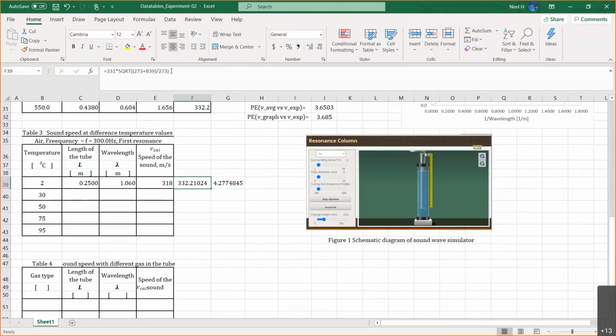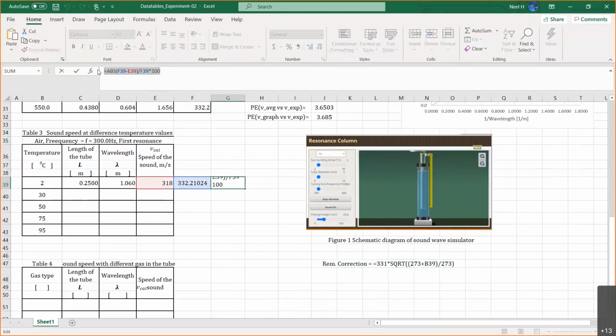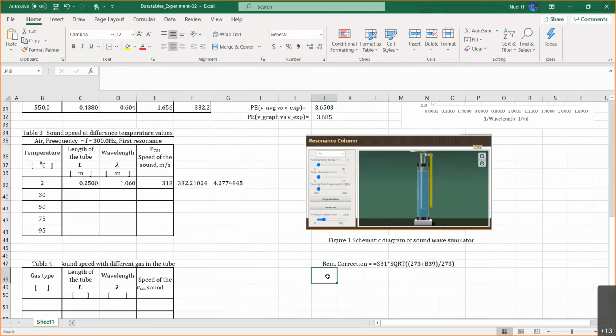So that's again for the temperature correction. And this one is actually for the percentage error. Those two are for table number 3.